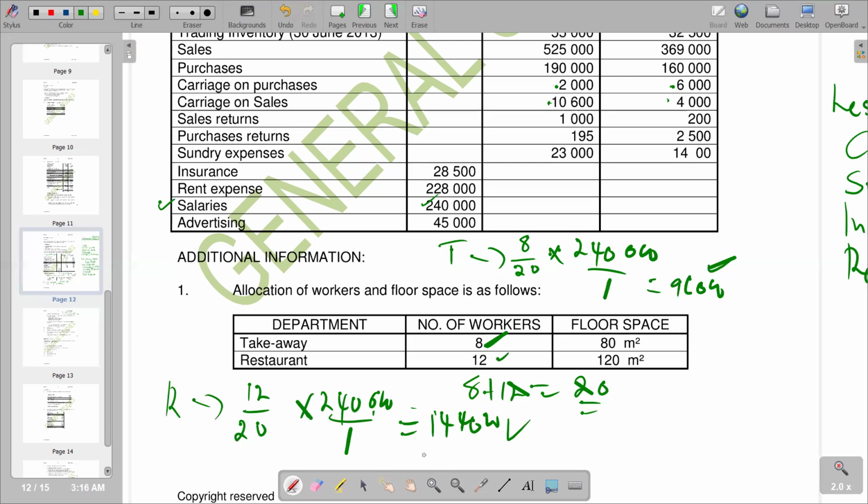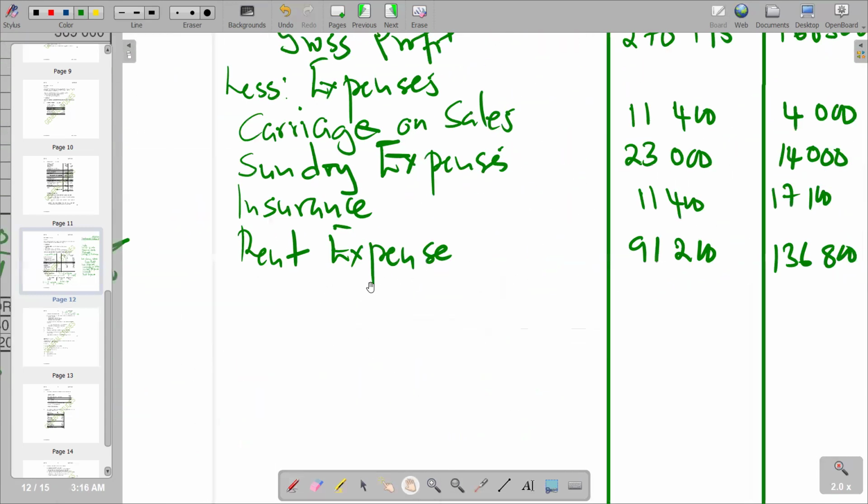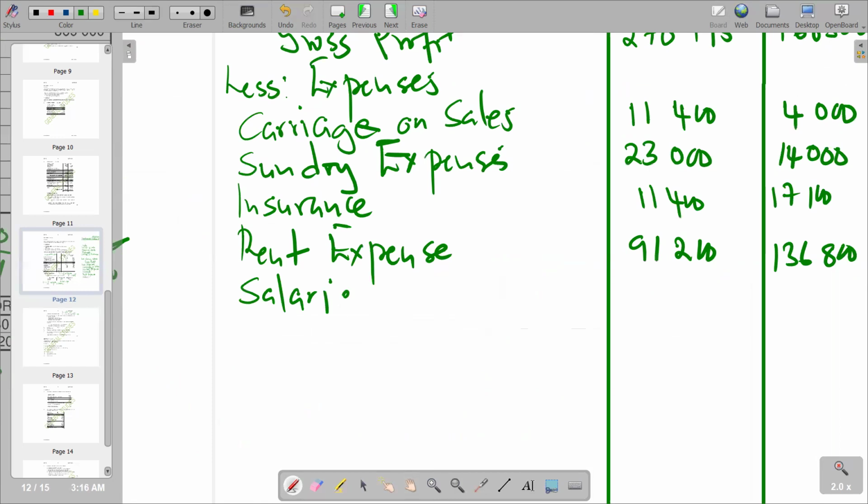So go and adjust. So this becomes our salaries. So for our salaries, we're saying we put 96,000 and also we have 144,000.